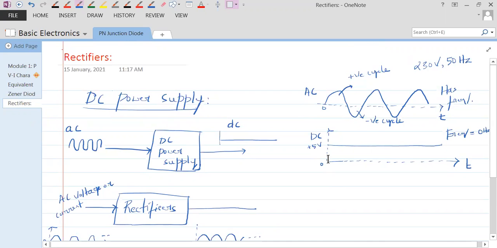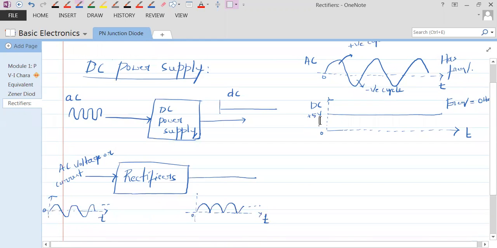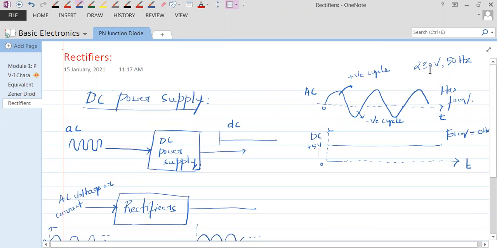So electronic devices operate with smaller voltages, whereas the electrical department operates with higher voltages. The DC voltage that we obtain here should be less than this 230 volts, because electronic devices are not made to operate with such a high voltage. So we have to reduce this to a smaller voltage.